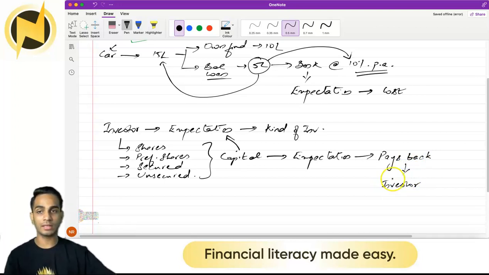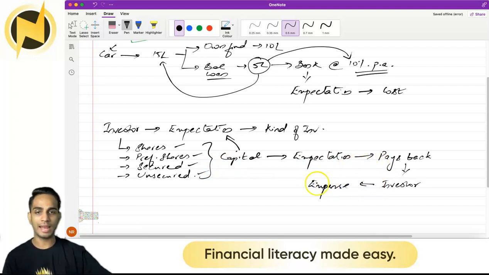For shares, it can be dividend. For preference shares, it can be preference dividend. For secured loans, it can be interest. For unsecured loans, it can again be interest, correct? So whatever they are paying back to the investor is an expense, correct? An expense associated with this capital. So this expense, I can also term as cost. This particular cost that is associated with capital is called cost of capital.